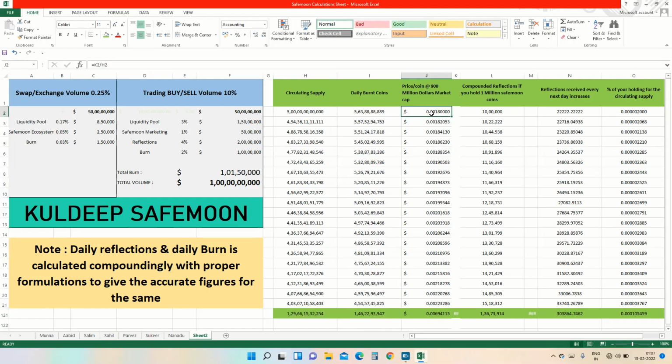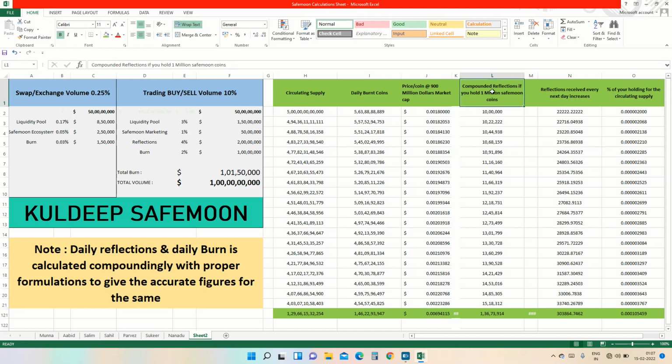As you can see, the price on the very first day was 0.0018 at the same market cap, and the price after 120 days at the same market cap is 0.006. Price is increasing. Guys, price is going to increase whatever you do. You are not supposed to worry about the prices, please. This is the least concern you should be having.